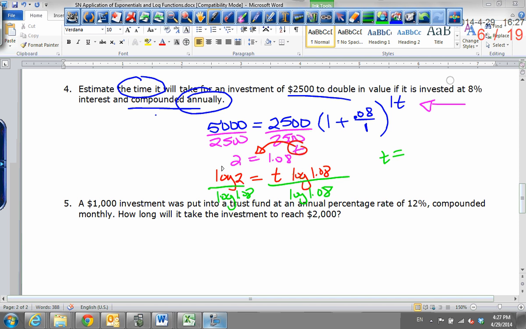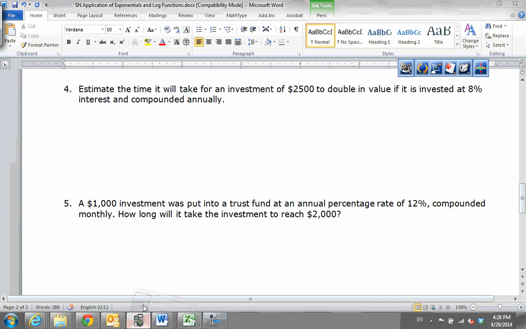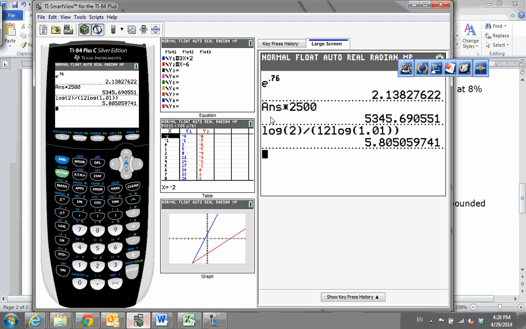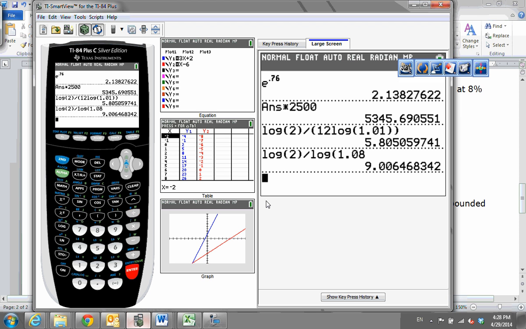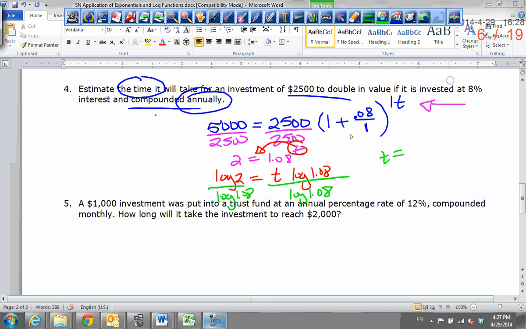So t is going to be log 2 divided by log of 1.08. So in your calculator, what this looks like, you get about 9 years, and be sure you close your parentheses there, or you're going to end up with a different answer.